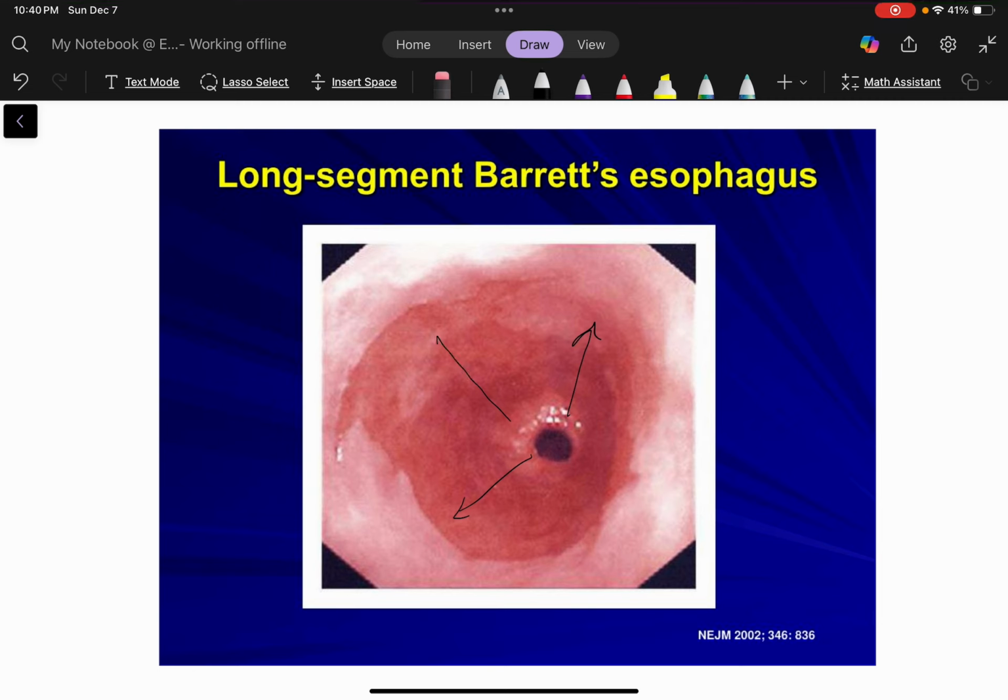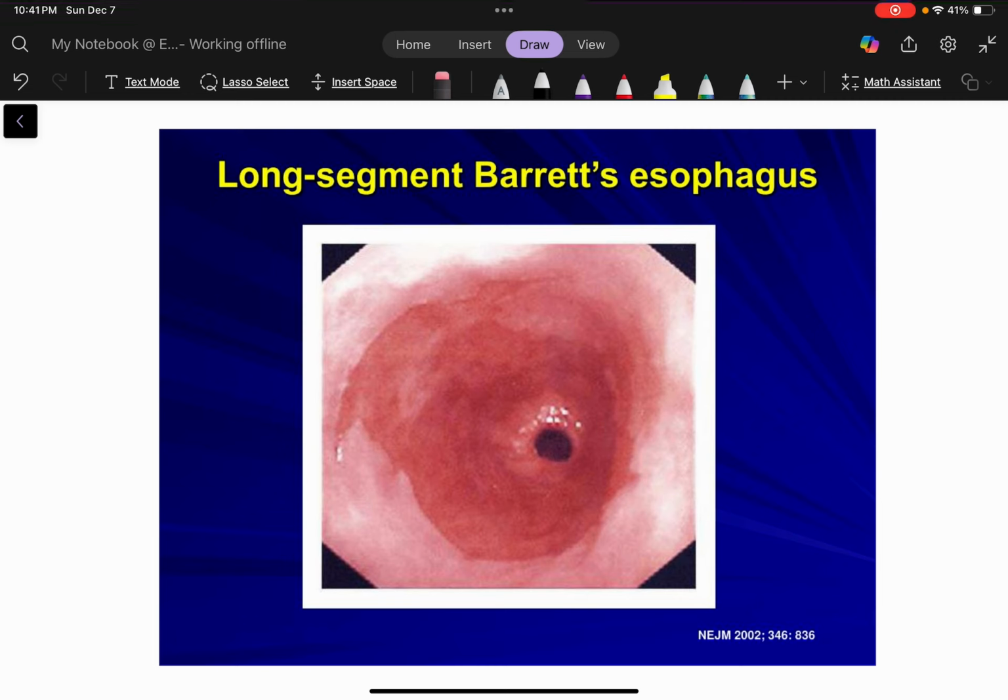So all these epithelial cells underwent metaplasia to columnar cells, and this is essentially how it looks on an endoscopy. We'll basically just see the gastric mucosa rising up the esophagus slowly. And the reason for that, once again, is due to the metaplasia of the esophageal cells, okay?